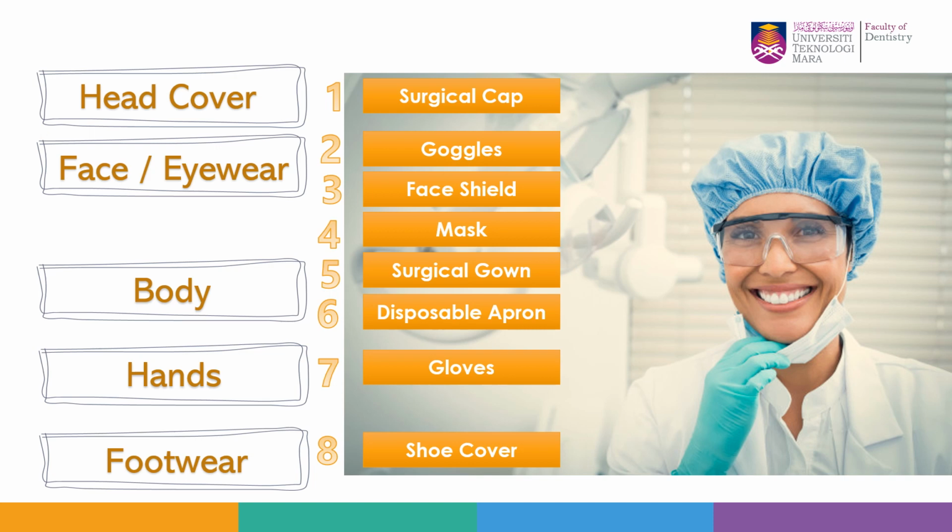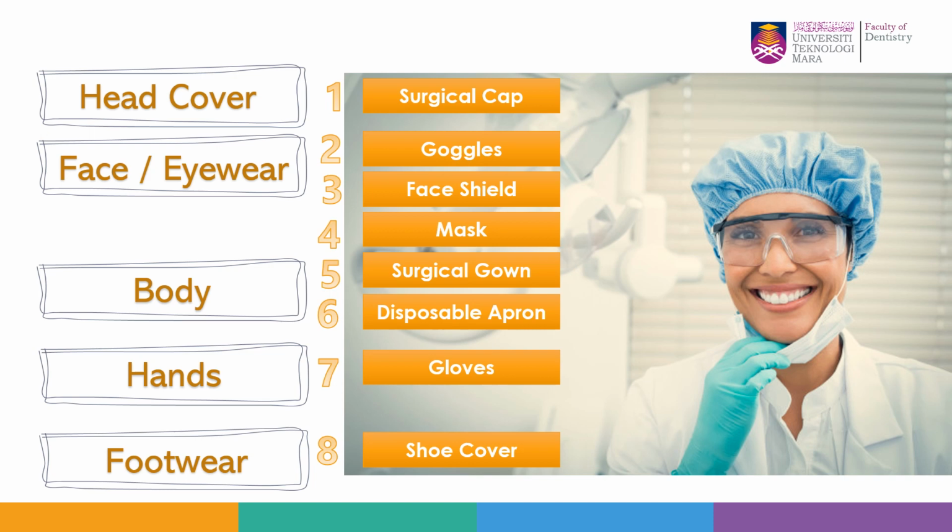We call it surgical cap. It's not mandatory for you to wear a surgical cap unless you are doing surgery or any aerosol producing procedures. Face and eyewear, you can wear goggles or face shield.